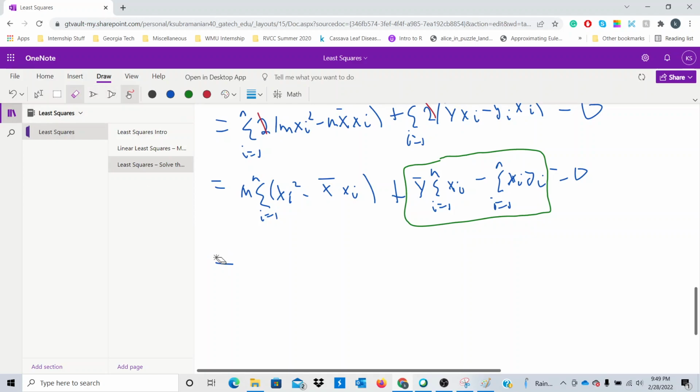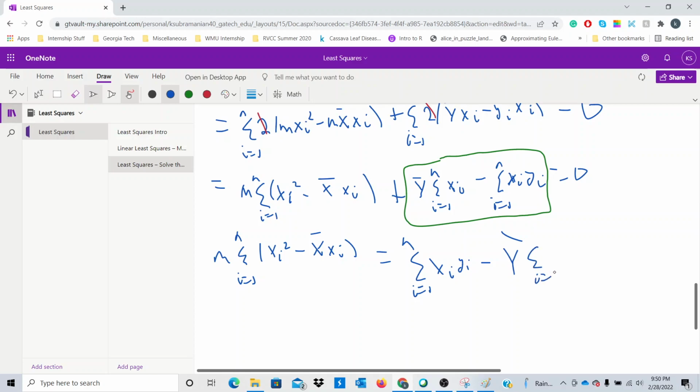We have m times the summation from i equals 1 to n of x_i squared minus x-bar x_i, set equal to the summation from i equals 1 to n of x_i y_i minus y-bar times the summation from i equals 1 to n of x_i.